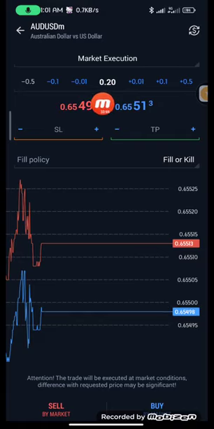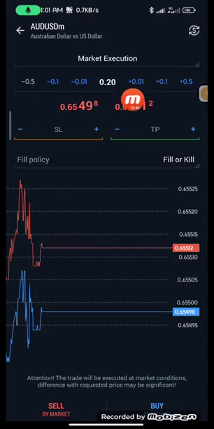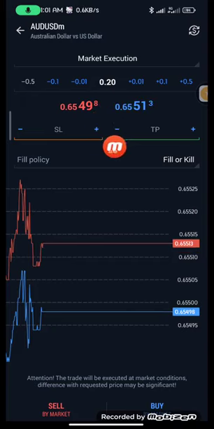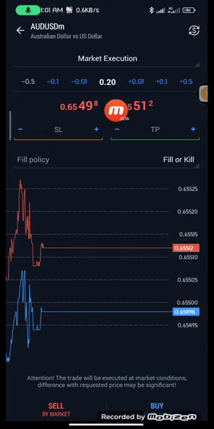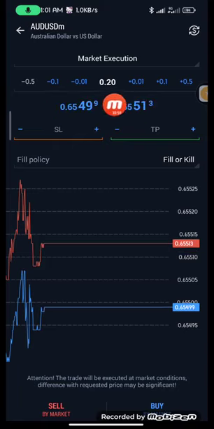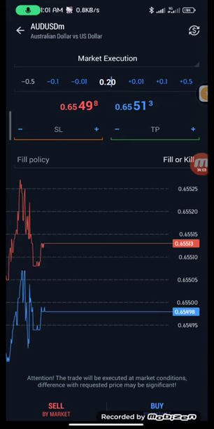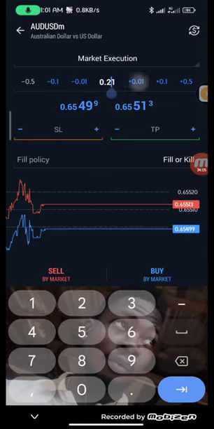Then we have 0.02, and so on, way more to infinity, although there is a maximum lot size you can use depending on the broker. When you want to change, let me say I want to change it to 0.3, 0.31, all these things are just different lot sizes you can use.